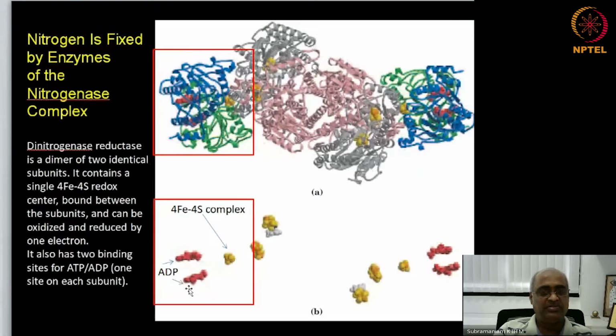So 2 molecules of ATP or ADP and the 4Fe4S complex are present in this. This is the one that is going to accept electrons from an electron donor, and it is going to transfer the electrons to the dinitrogenase itself, which is going to reduce the nitrogen into ammonia.